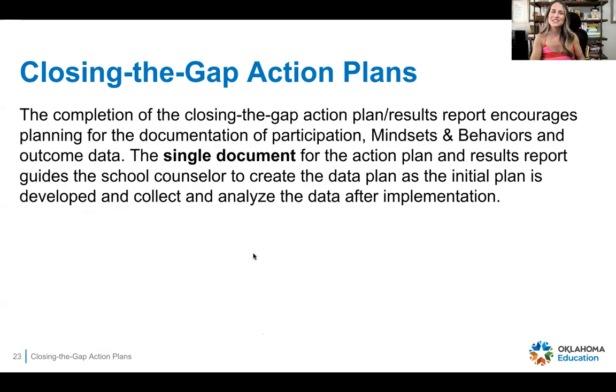All right. So again, this Closing the Gap action plan is one single document with the results report. We'll talk more about the results report side of it when we get to the assess section of the national model. But it's just one document to help us really look at what we can do to close this gap and if it worked, all in one.